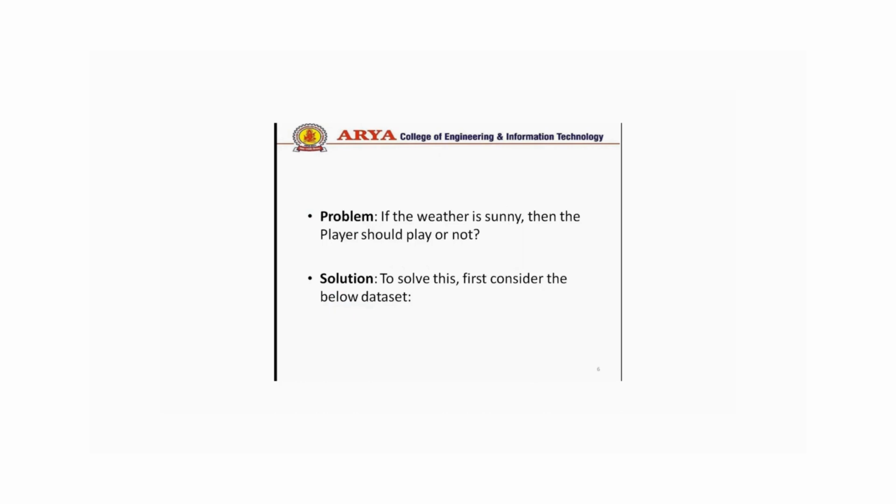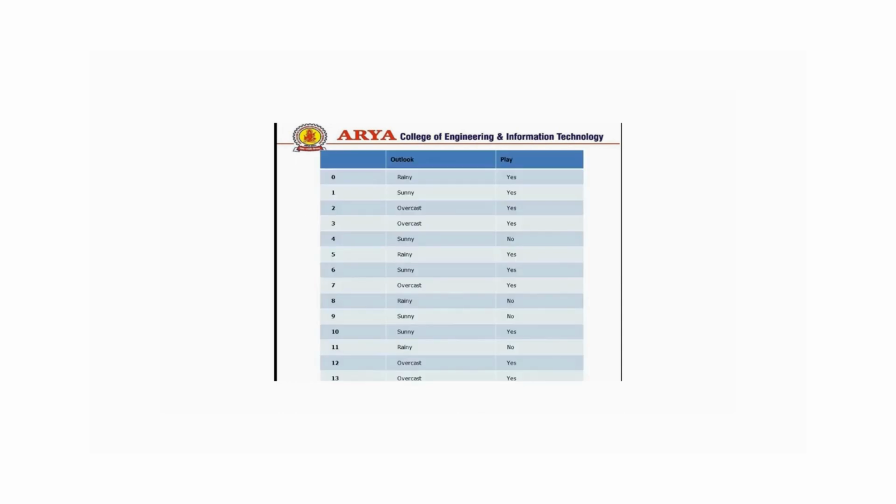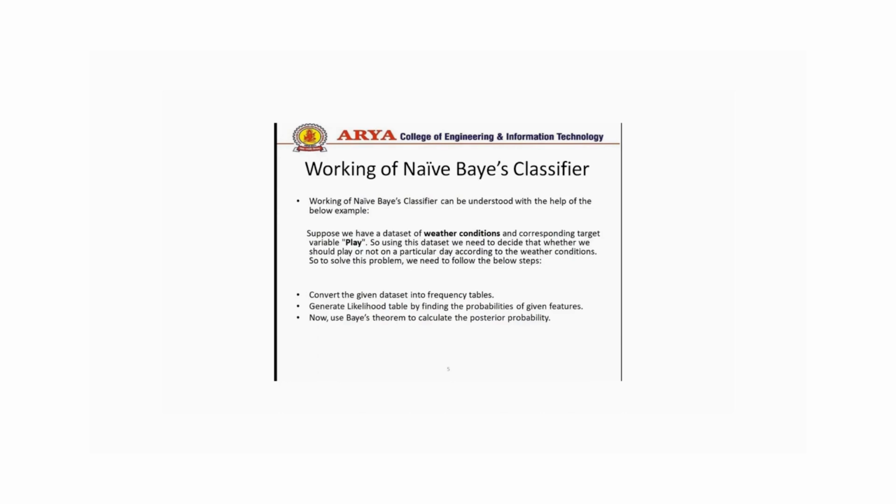Here we have a problem. We have to find whether the player should play or not if the weather is sunny. We have a data set of 14 rows for the weather outlook, and the condition is whether he or she should play or not. Using this data set, first we create frequency tables, then likelihood tables, then we apply Bayes theorem.